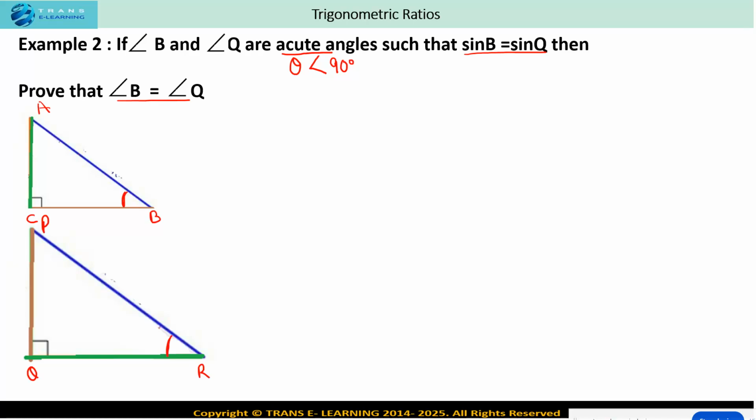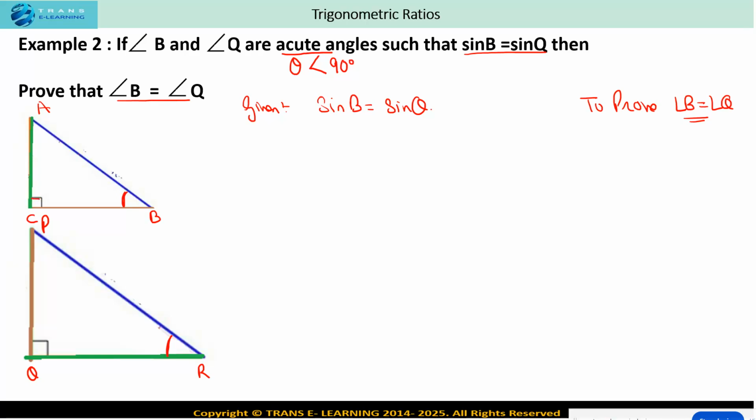So it is given to us that angle B and angle Q are acute, and sine B is equals to the sine Q, and we have to prove that angle B will be equals to angle Q. We have considered two right angles.